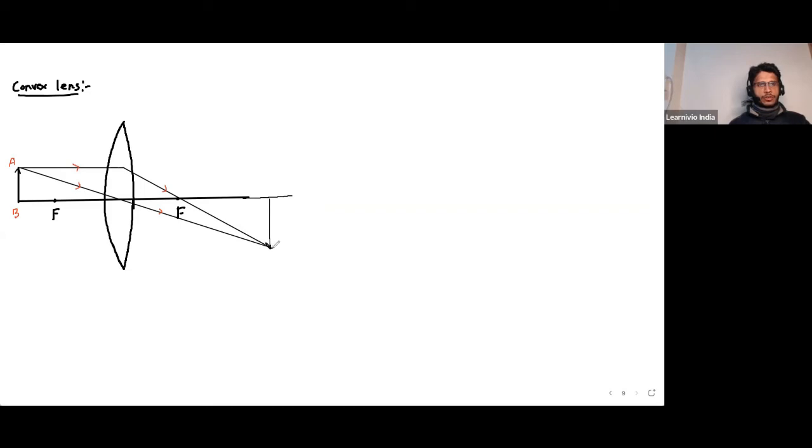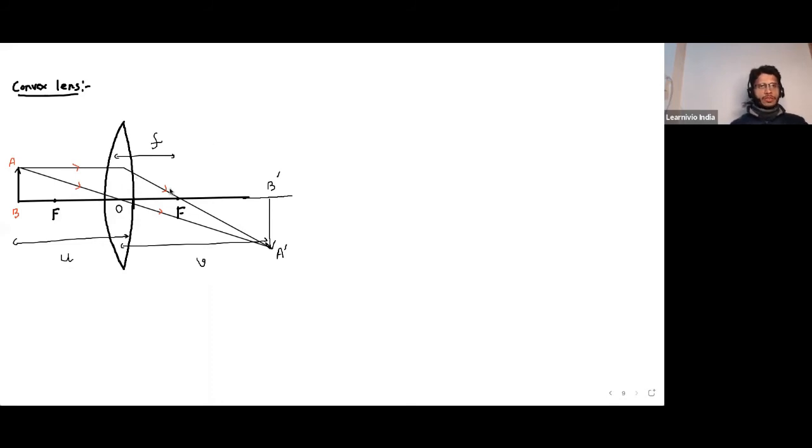And this is your final image, which is A prime B prime. This is the optical center. This is your object distance U, this is your image distance V, and this optical center to the focus is focal length F. You have to derive a relation between all these terms.